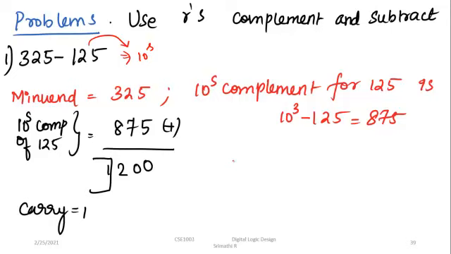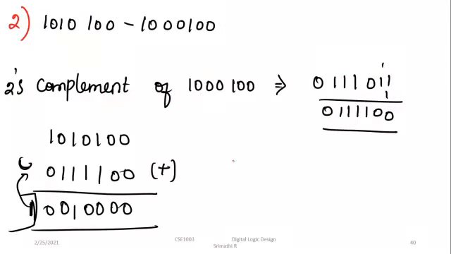Coming to your second problem, I will tell about the carry shortly. Coming to the r's complement in case of a binary number: if I have a carry, I will ignore it.